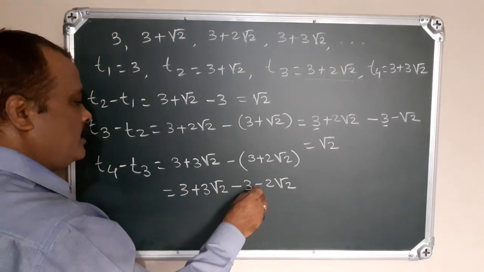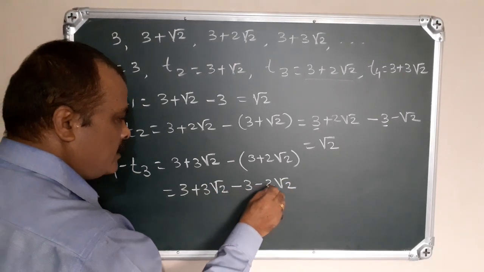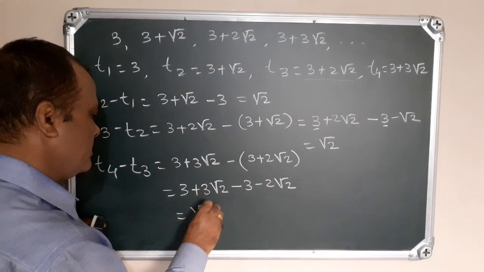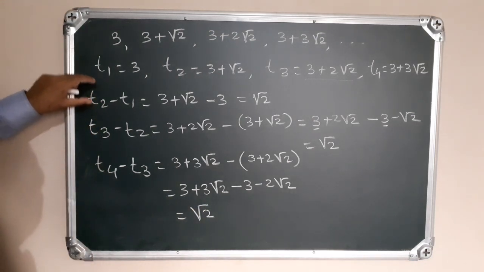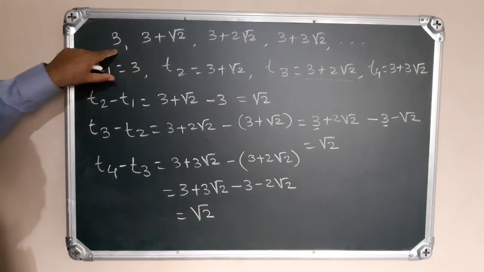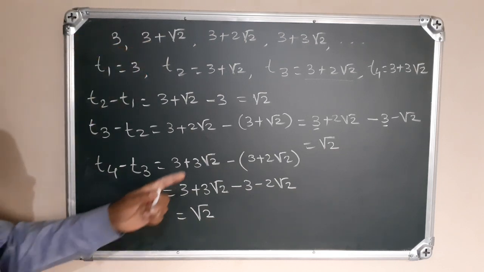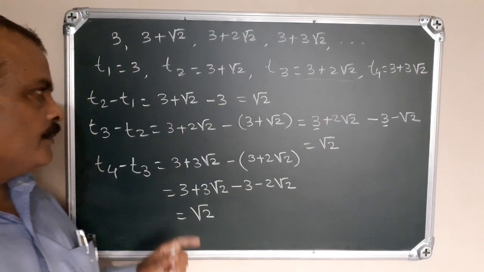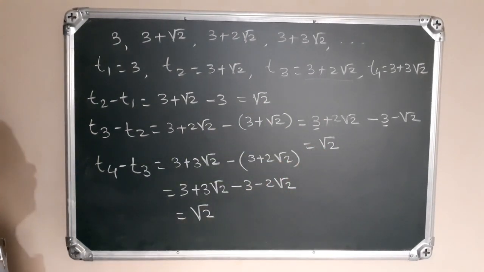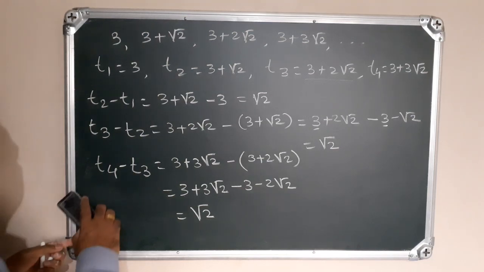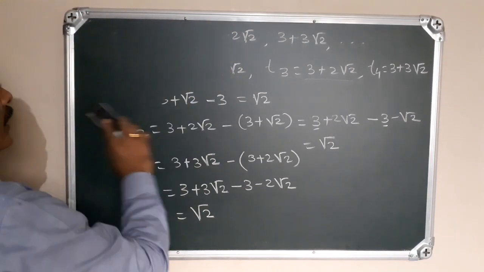So 3 minus 3 is 0, and 3 root 2 minus 2 root 2 is only 1 root 2, that is root 2. So the difference between any two consecutive terms is constant, and that is root 2. Here there is root 2, here there is root 2, here there is root 2. Therefore the difference is constant, therefore the given sequence is an AP.